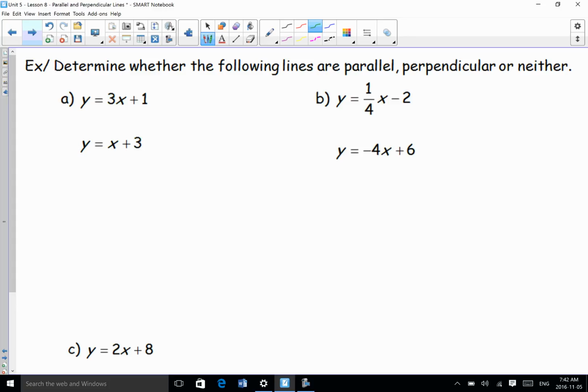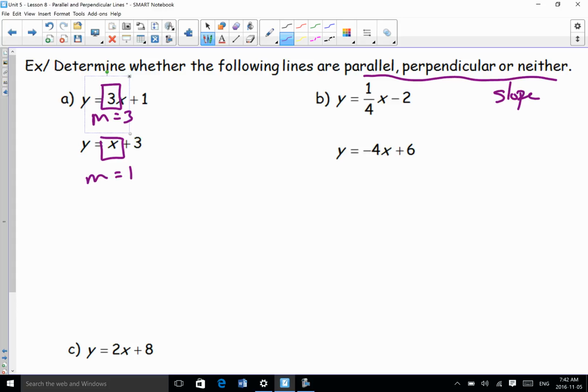So let's take a look at these equations. I want to know if these lines are parallel, perpendicular, or neither. So this is all about slope. That's all I care about here, slope. So if things are in the form mx plus b, which they are, my slope is very easy to find. For here, m is 3. For this one, m is 1.